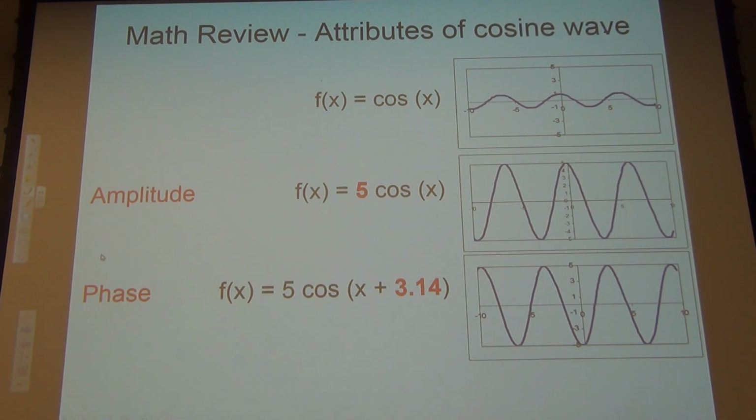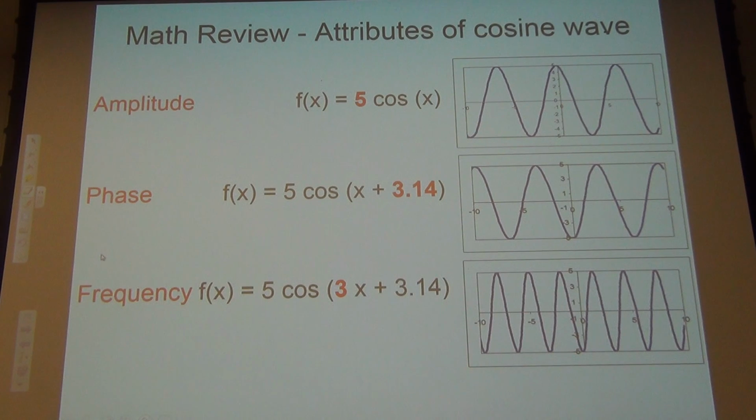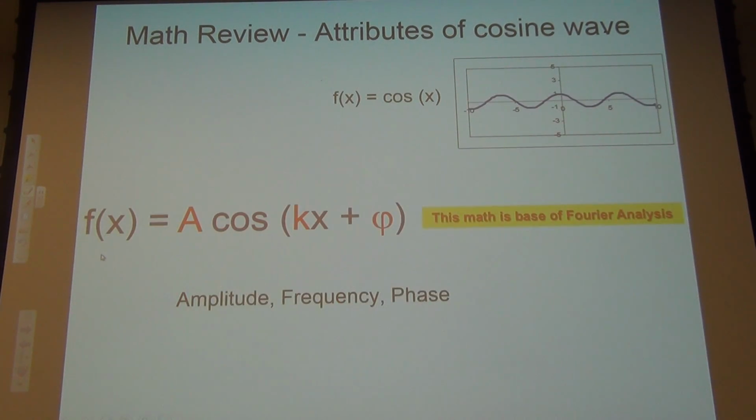What about increasing the frequency of the cosine function? You need a number in front of x or in front of t, and you can increase the frequency of the cosine function. So this is the form of the cosine function, right? A is amplitude, k is the frequency, and phi is the phase.